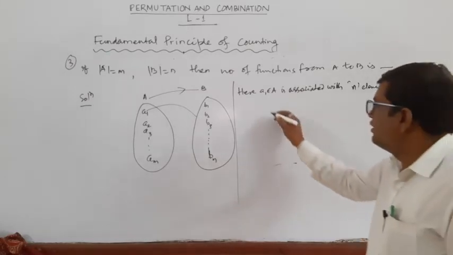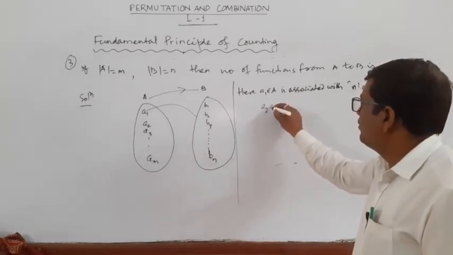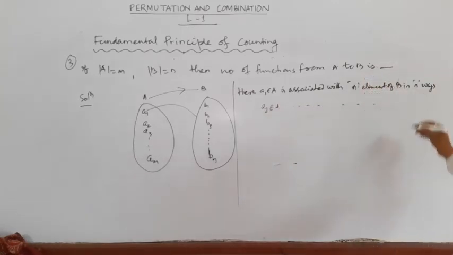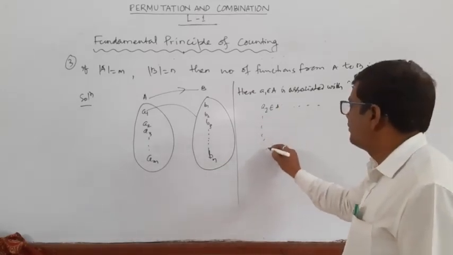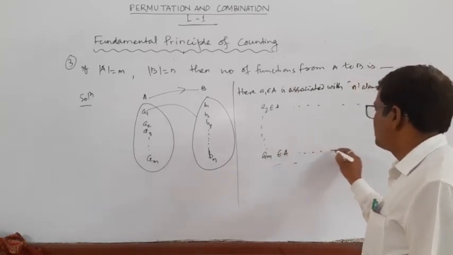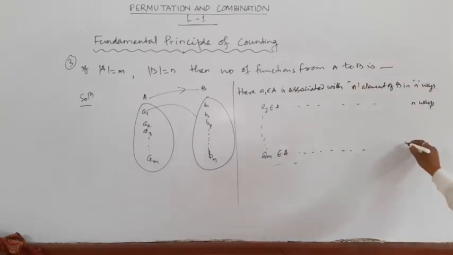Similarly, A2 is associated in n ways. Like this, Am is associated with the elements of B in n ways.